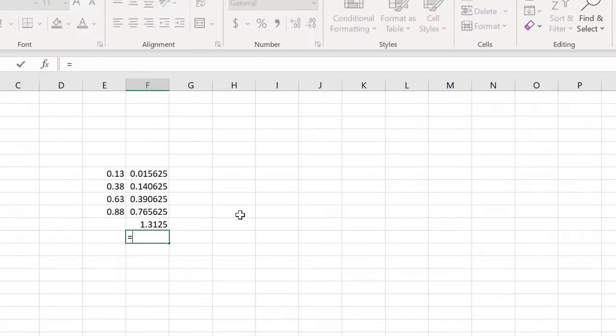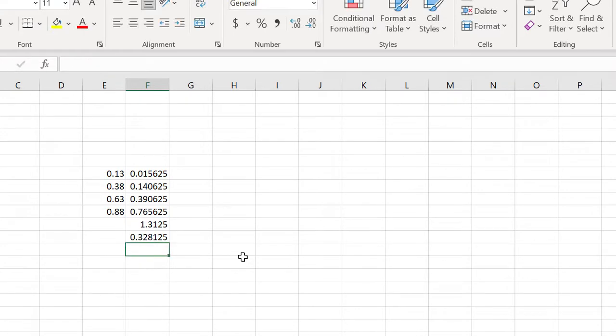And then multiplying that by 1/4. There we go. It's equal to 0.328125.